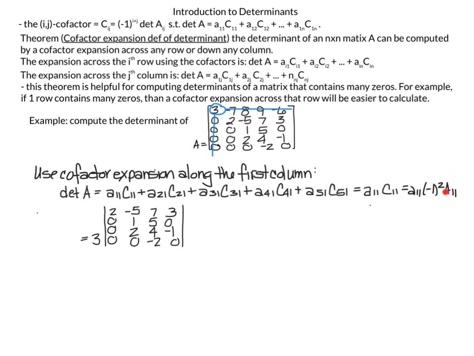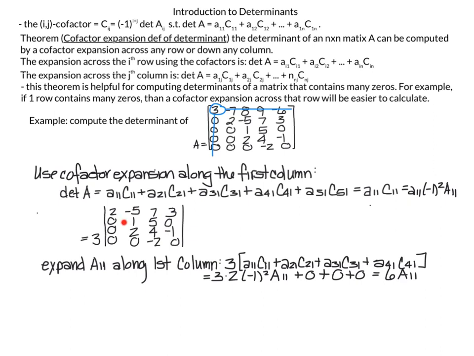Then I'm going to look at A11. Again, I circled my 3, because we're looking at A11. I cross out the corresponding row and column, which is the first row, first column, and this is my remaining matrix, which I wrote over here: 2, 0, 0, 0, negative 5, 1, 2, 0, 7, 5, 4, negative 2, 6, 0, negative 1, 0.